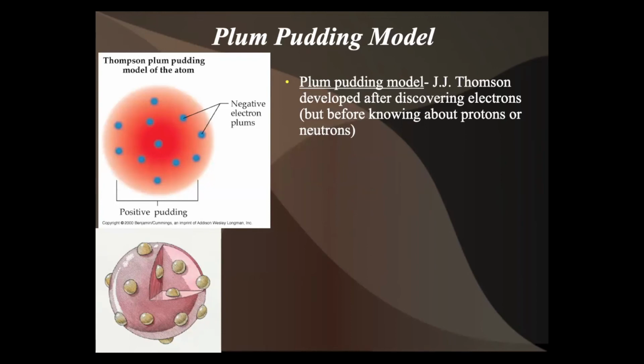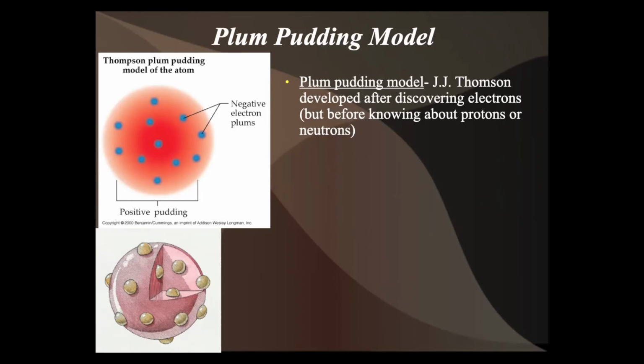He called it the plum pudding model, where he thought that you had these plums, these solid particles that were electrons, but he couldn't find a positive particle. And so he said, well, it doesn't exist, you have a positive jelly-like substance. And so within the atom, you have this positive jelly, which you see in red up here.